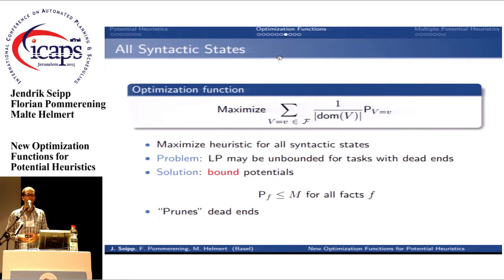Okay, so one solution to this problem is to bound the potentials. And we do this by introducing a big M constant and making sure that all the potentials are smaller or equal to this big M constant. And by doing this, we effectively prune dead-end states because now the LP has a high incentive of assigning potentials high values that are part of dead-end states.